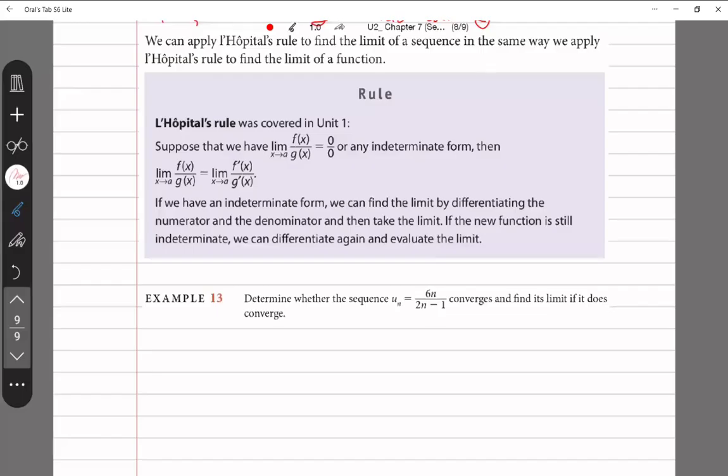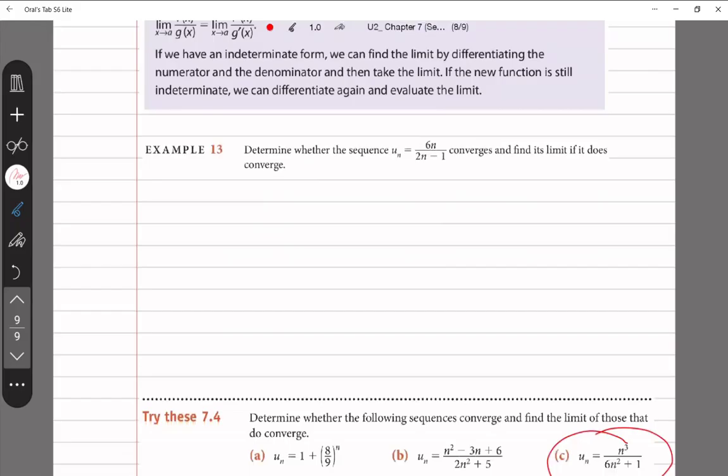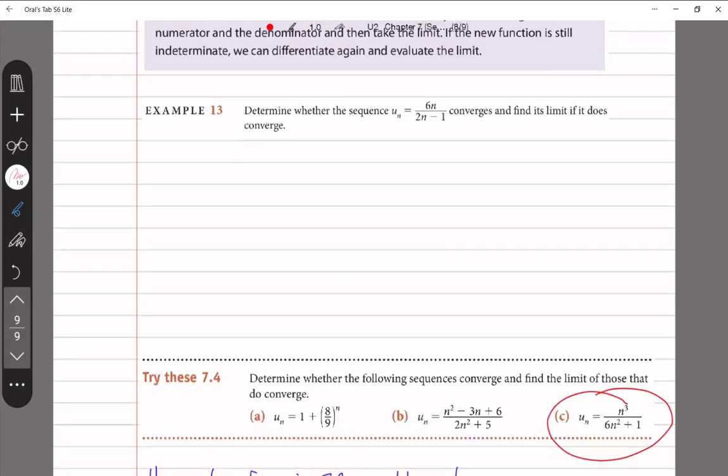All right, so example 13 is asking us to determine whether the sequence un, which is equal to 6n over 2n minus 1, converges, and find its limit if it does converge.